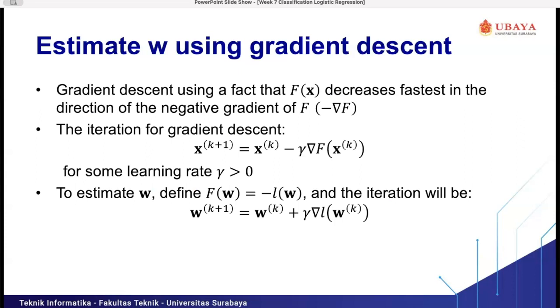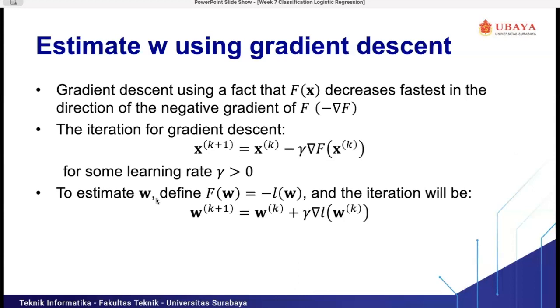The iteration for gradient descent is x to the power k plus 1. Sorry, this is not to the power; the next x value equals the current x minus gamma multiplied by the gradient of f based on the current x value. And we also have the gamma value, which is the learning rate. The learning rate will be greater than 0.